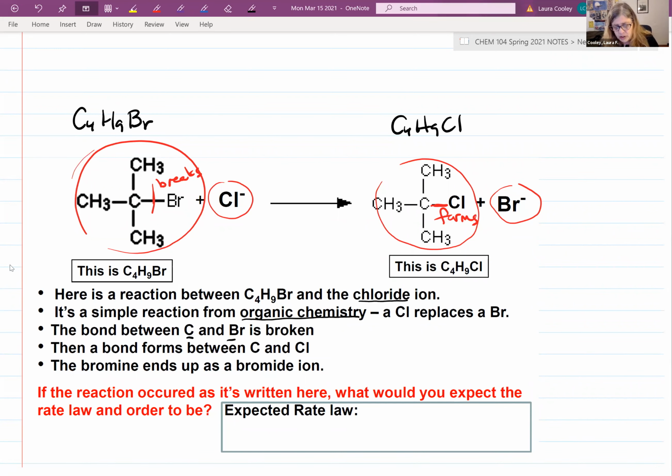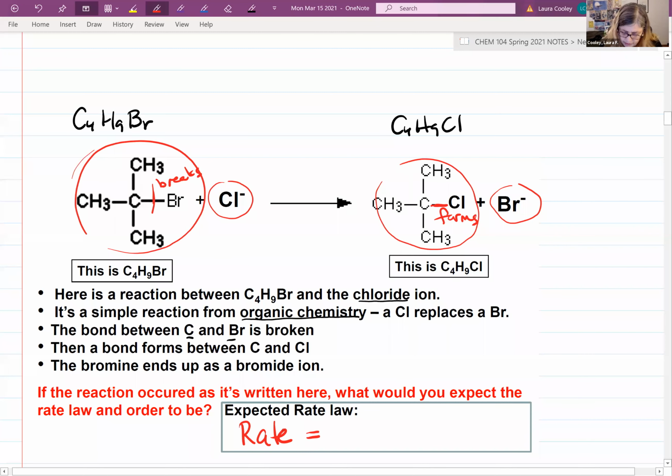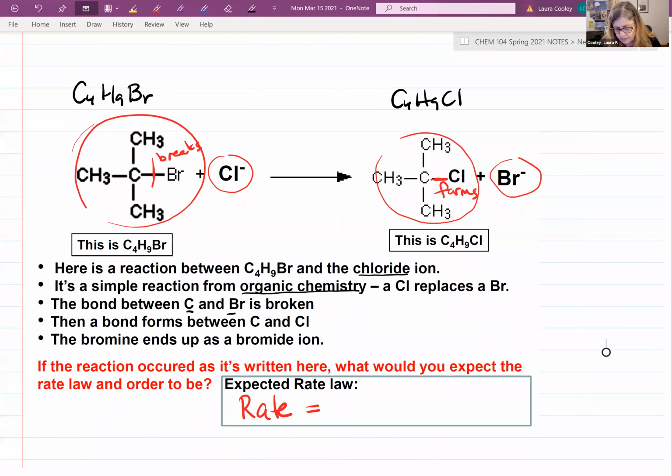what would the rate law be? Somebody turn on their mic and actually tell me what the rate law would be. So rate would equal what? If it occurs as written, it would be what?